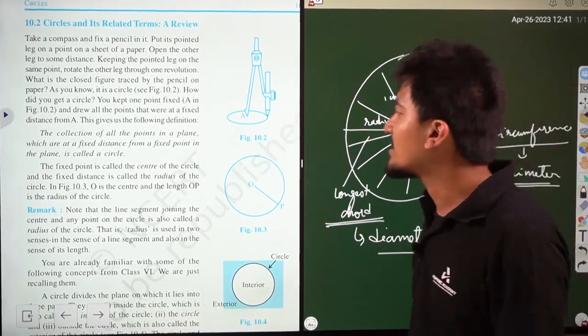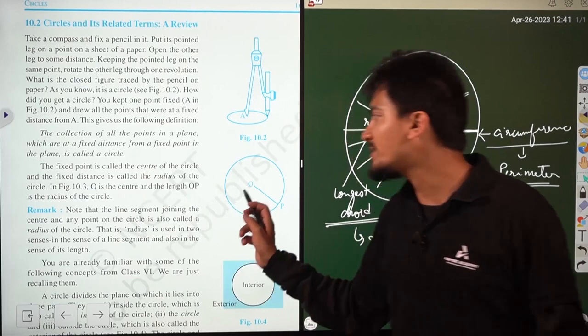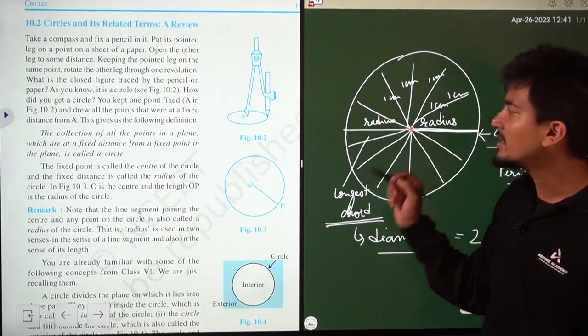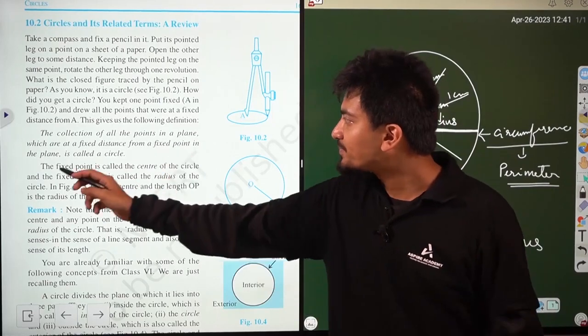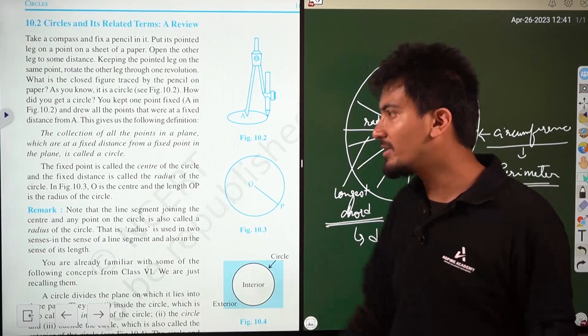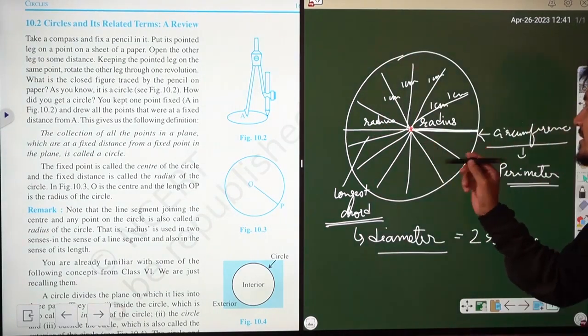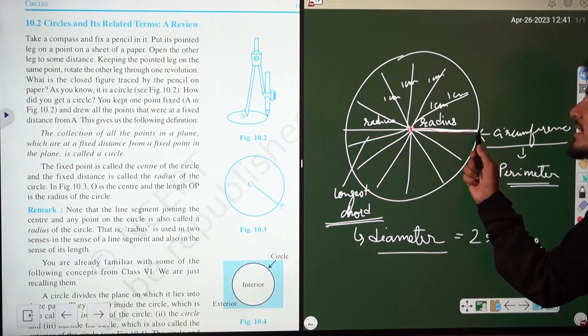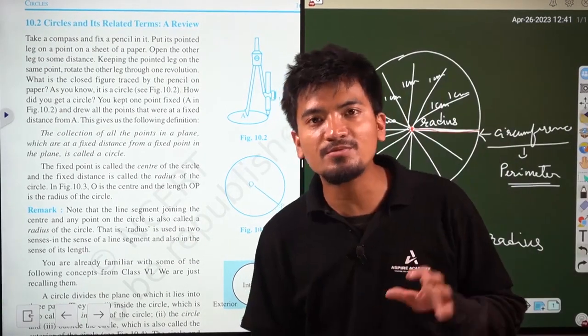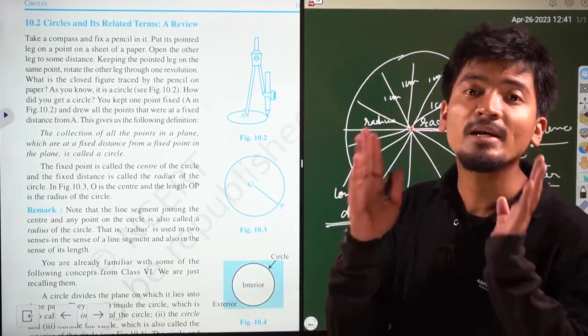It is called a circle. The fixed point is called the center, and the fixed distance is called the radius of the circle. Okay, and I have already mentioned that all the radii within the circle have the same length.